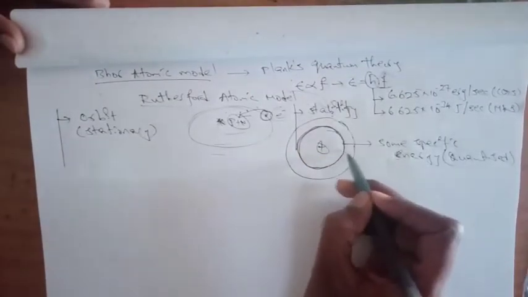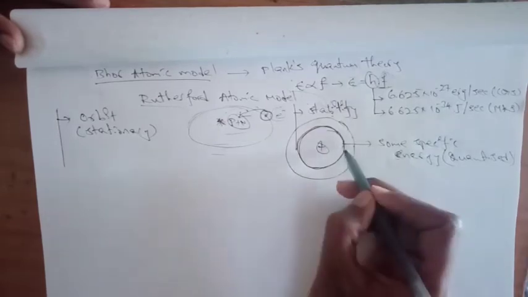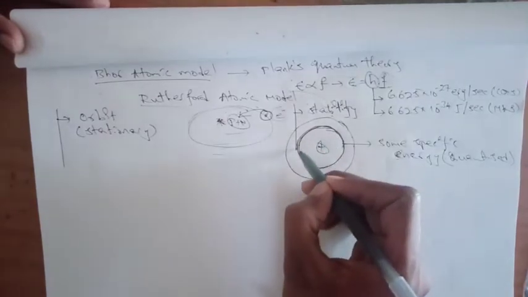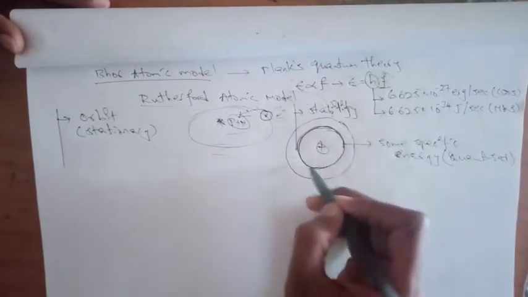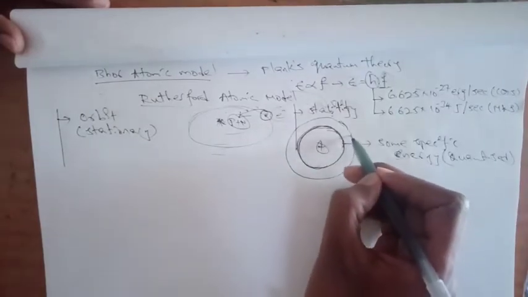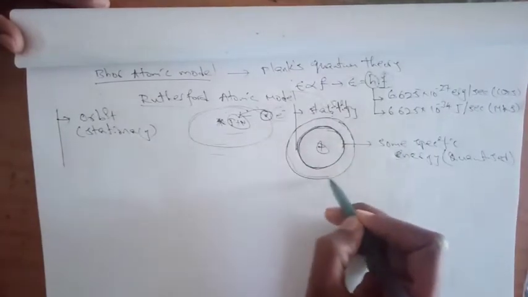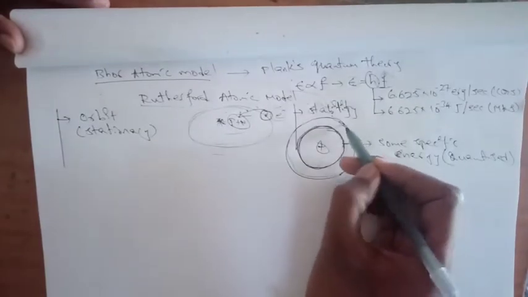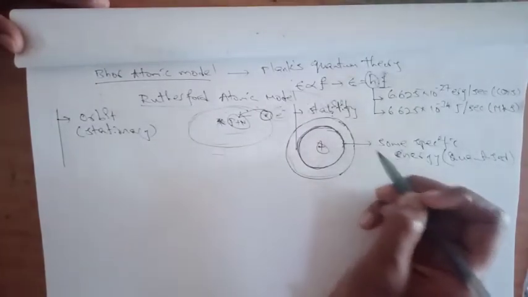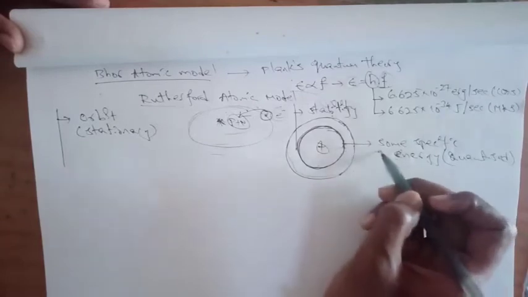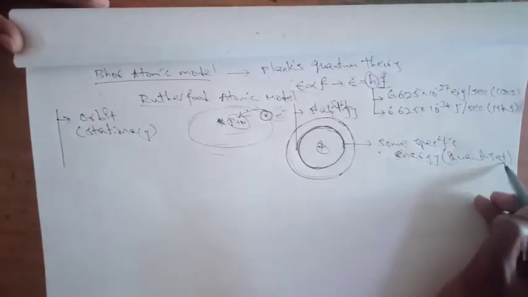Suppose the electron revolving in this orbit possesses the energy 1, and if it revolves in this orbit, it possesses the energy 2. Like that, it has only a fixed set of energy levels which are quantized.